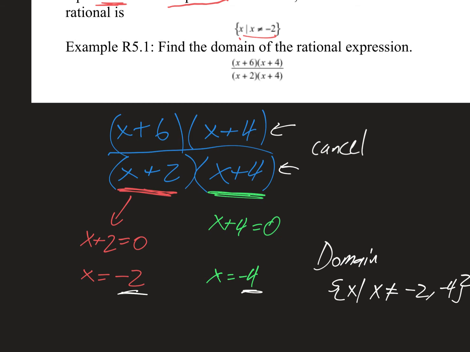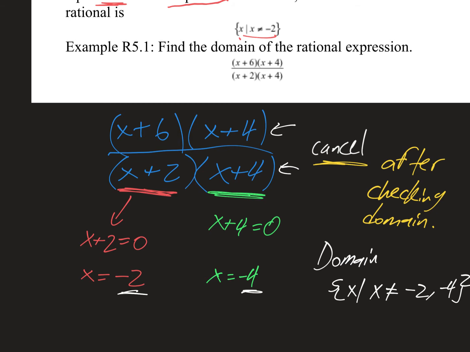So just because things cancel does not mean that we can ignore them. We can only do this after checking the domain. Okay? So domain check first, and then you can simplify your expression.